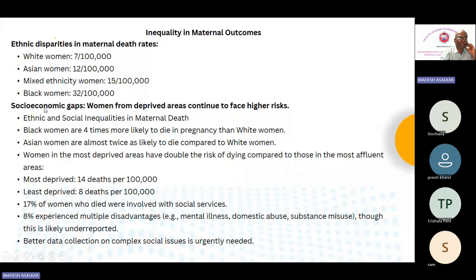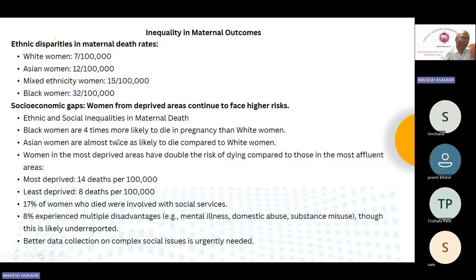Then there are socioeconomic gaps. Women from deprived areas continue to face higher risk. So ethnic and social inequalities in maternal death have been reported. Black women are 4 times more likely to die in pregnancy than white women. They may give you some sentences in the SBA. Which sentence is correct? Black women have equal chance of maternal death like white women, maybe 2 times, 3 times, 4 times, 5 times, something like that, and you have to select the appropriate answer.